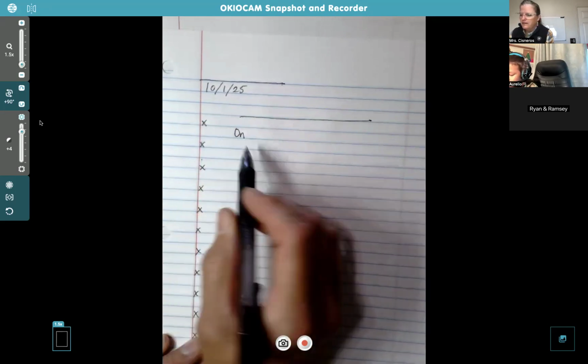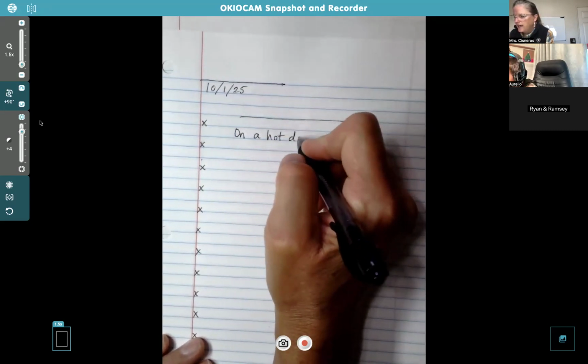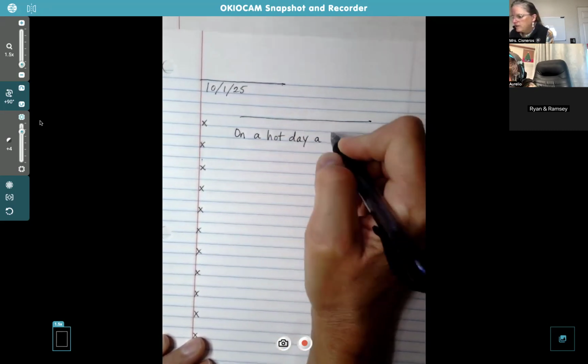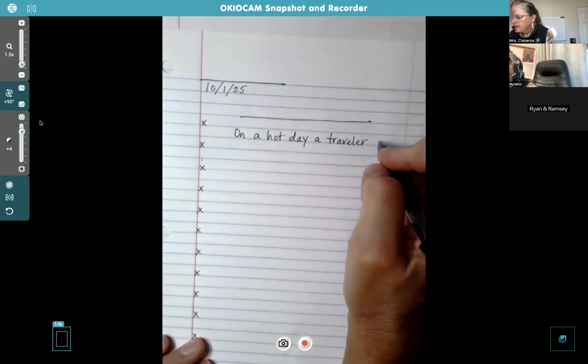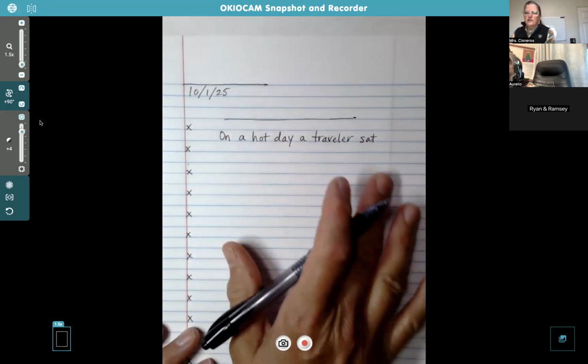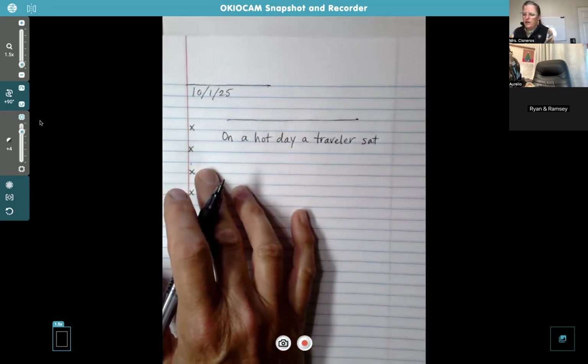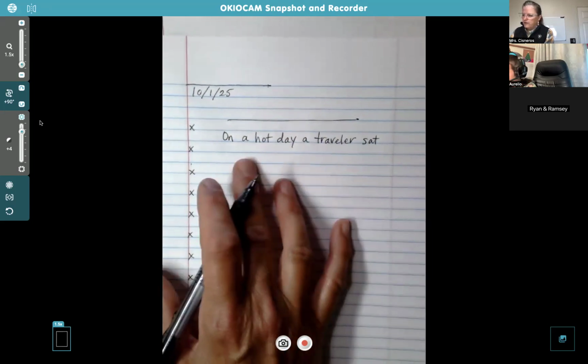We're indenting. On a hot day, a traveler sat. Okay, I got to the end, so now I'm skipping. And Oreo, don't worry, you're going to run out of space, but you can use the back. Okay, so don't scrunch it up.